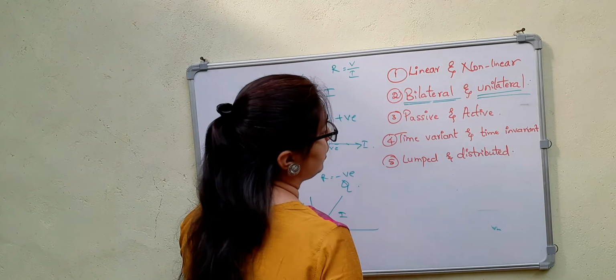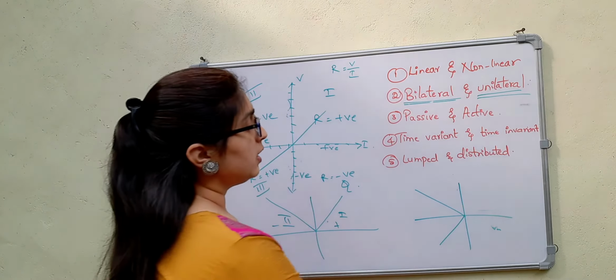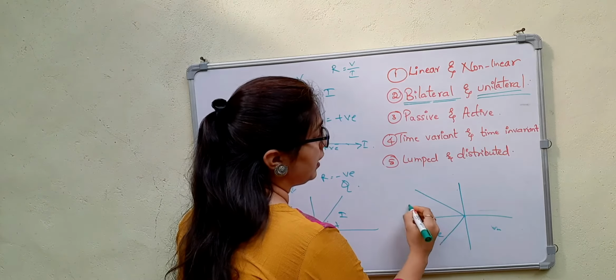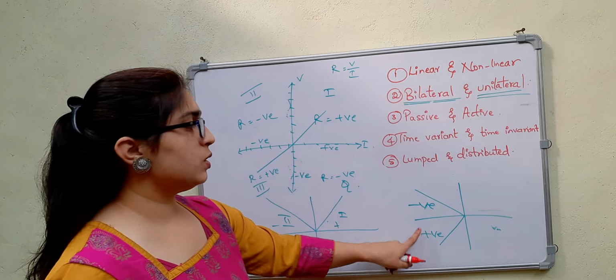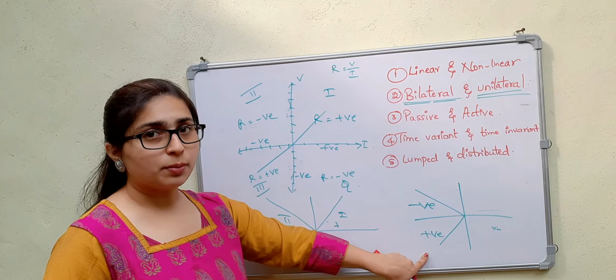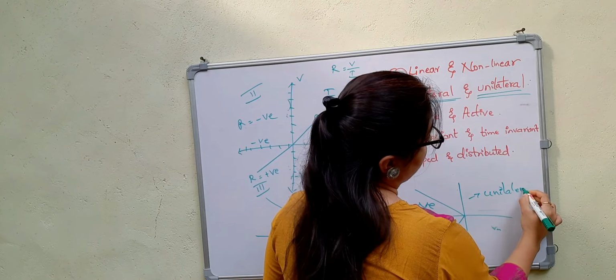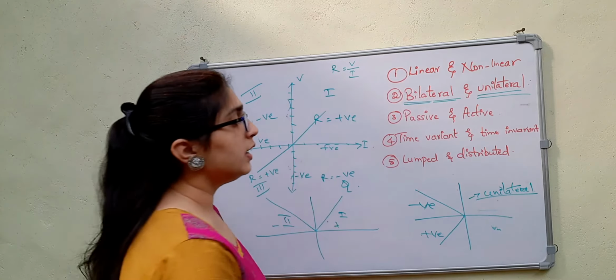Or if you have a characteristic like this, here also it is positive, here it is negative. In this case also, in one region it is negative, in another region it is positive. So this is also unilateral.